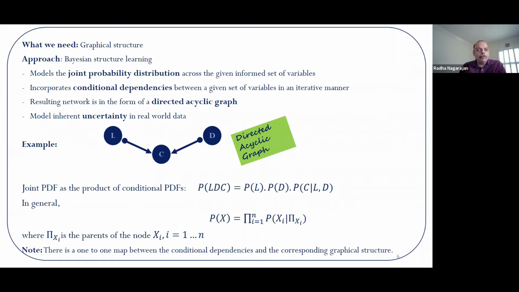One of the popular approaches based in structure learning models the joint probability distribution across a given set of entities or a set of variables as a product of marginal conditional probability distributions. So incorporating conditional dependencies is at the core of these approaches, and the resulting network is easy to visualize and is in the form of a directed acyclic graph.